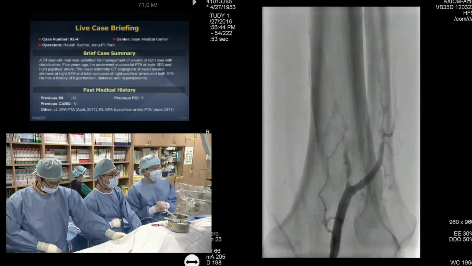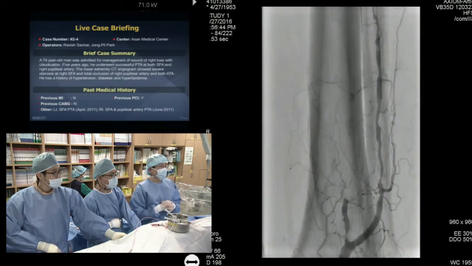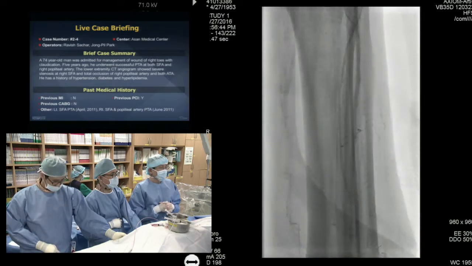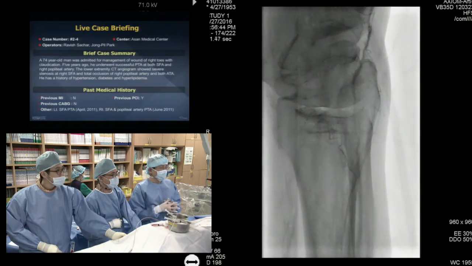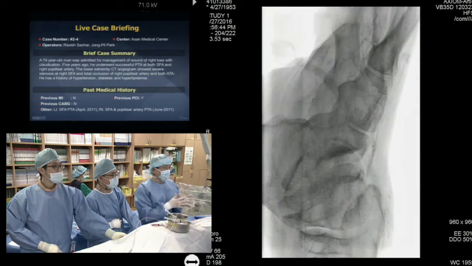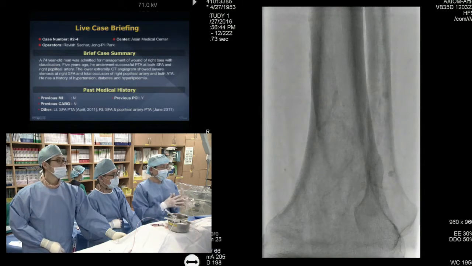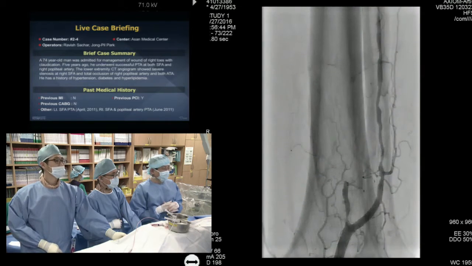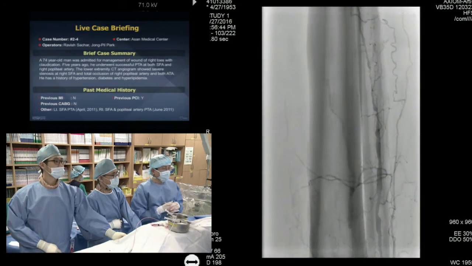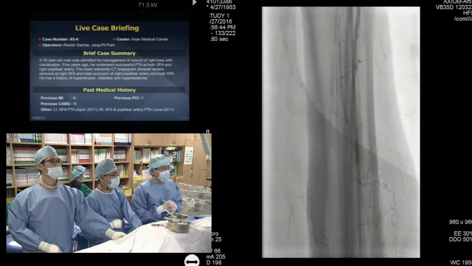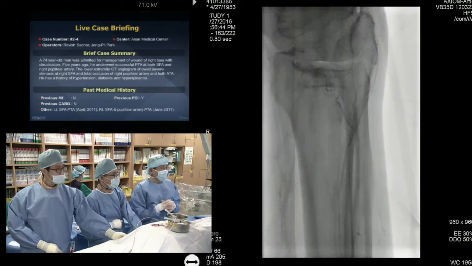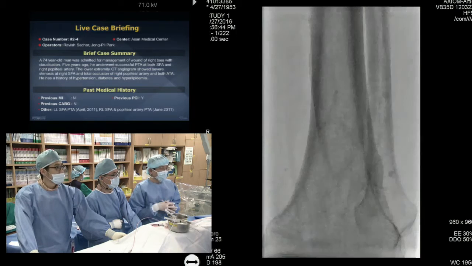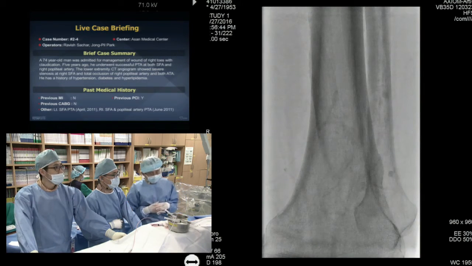But the problem is you cannot see any sign or open segment of posterior artery. This patient has an unhealing ulcer on the fourth toe, so that means the target artery should be the posterior artery in this case. But I think the PTA is quite difficult to recognize in this case. So my first approach is to cross the guide wire to the ATA and dilate it and look at the angiogram, what happens after that.